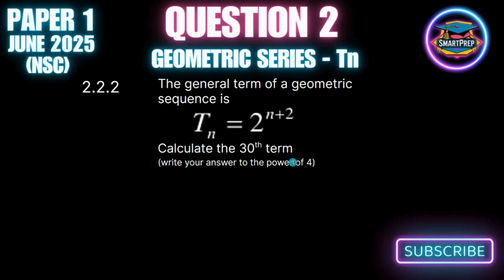Calculate the 30th term and put it to the power of 4, right? So T30 equals 2 to the 30 plus 2, which is 2 to the 32.